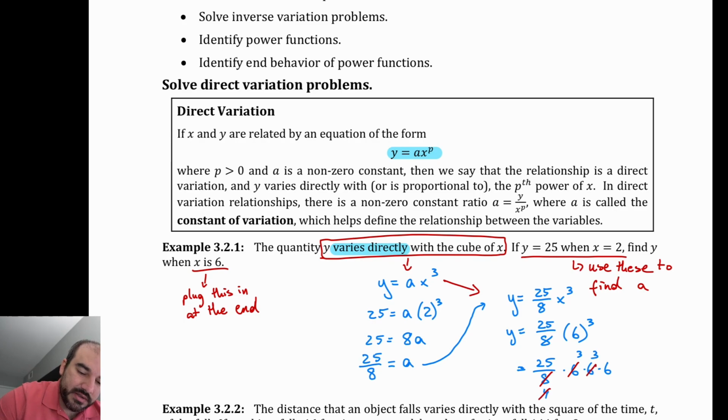This is a 3, this is a 2. We can simplify the other 6 with the 2. This is a 3, this is a 1. So we get 3 times 3 times 3 times 25, which is 27 times 25, which is 675.